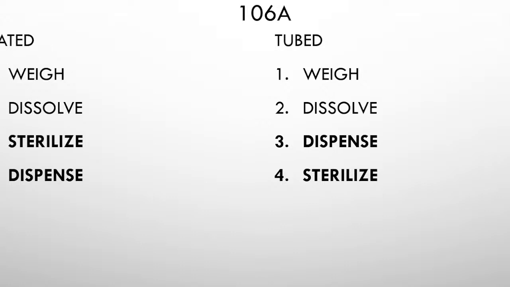For plated media, you weigh, dissolve, sterilize, and then dispense. For tube media, you have to weigh, dissolve, dispense, and then sterilize. Okay, so I think it is basic common sense.